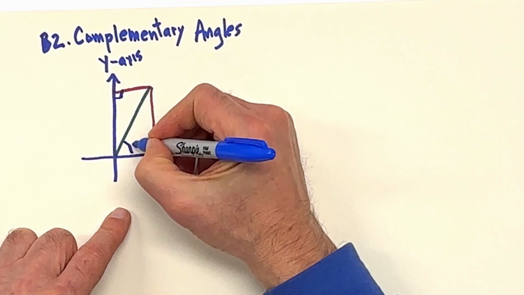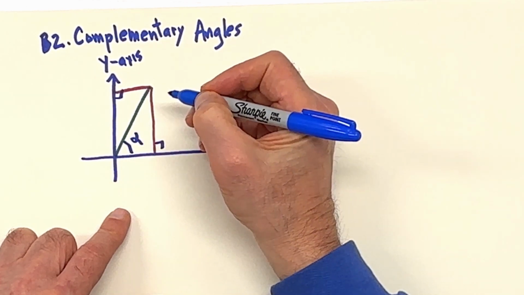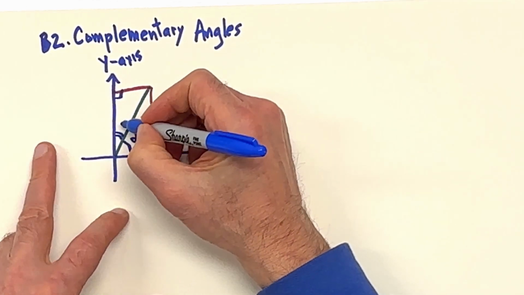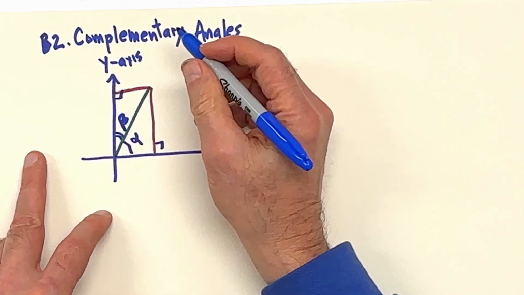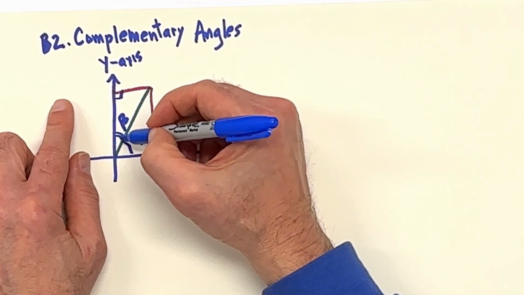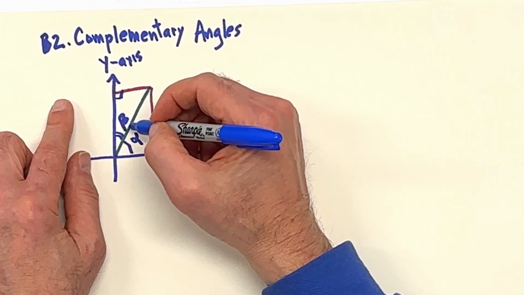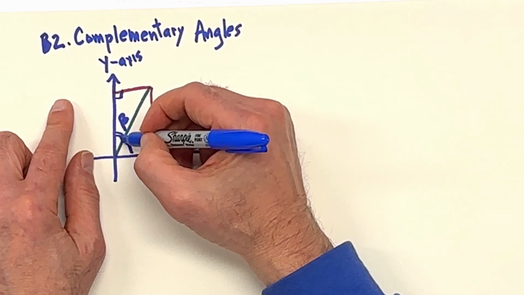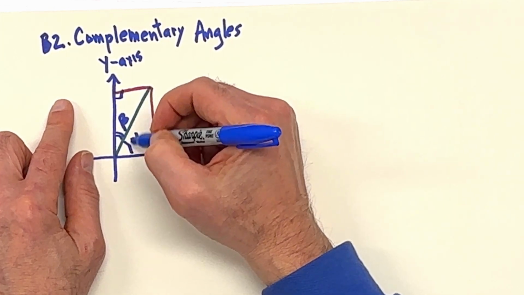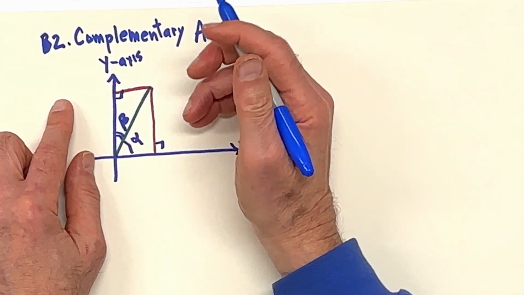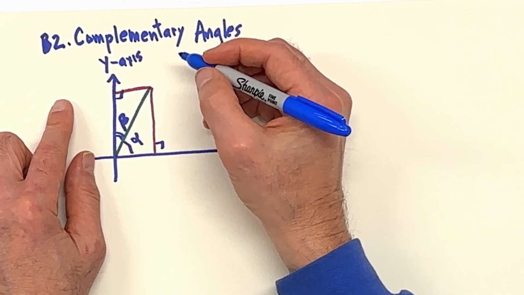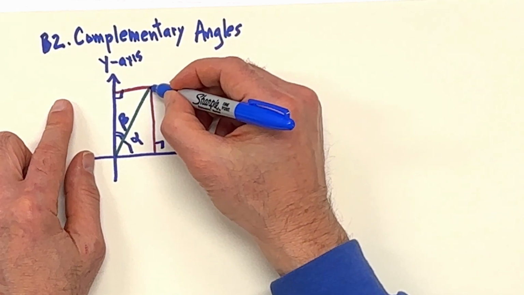And we're going to call this angle alpha and this angle beta. In high school class, we would often put one arc and then two arcs for a different angle, but it's not usually the case to put a different number of arcs. You could just put one arc for everything. So here we have the point.